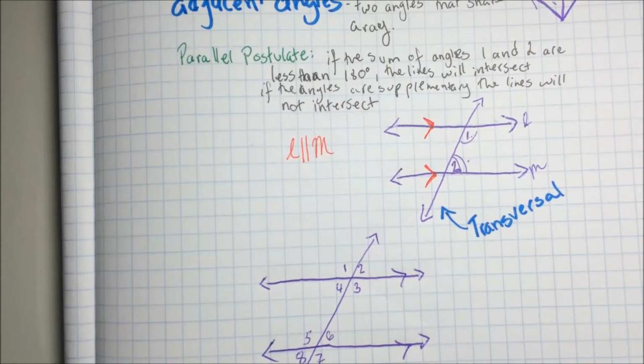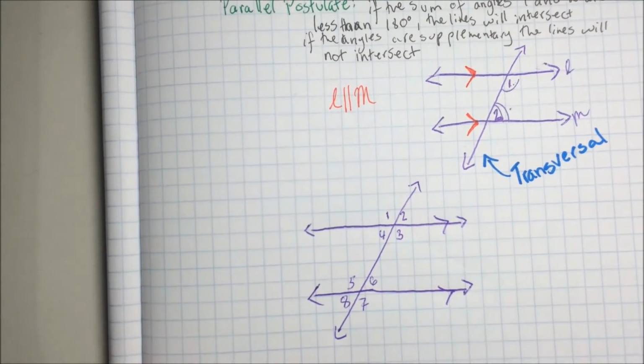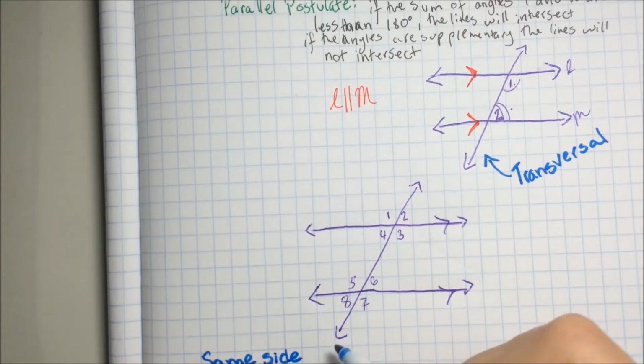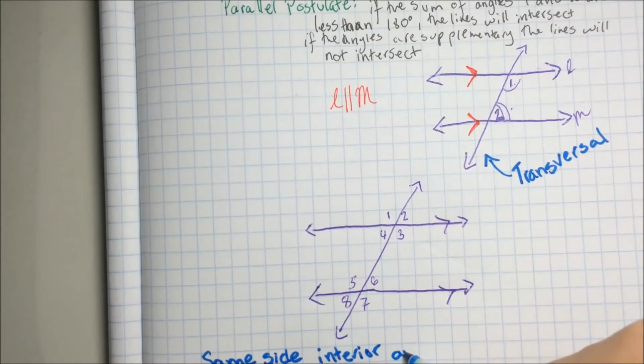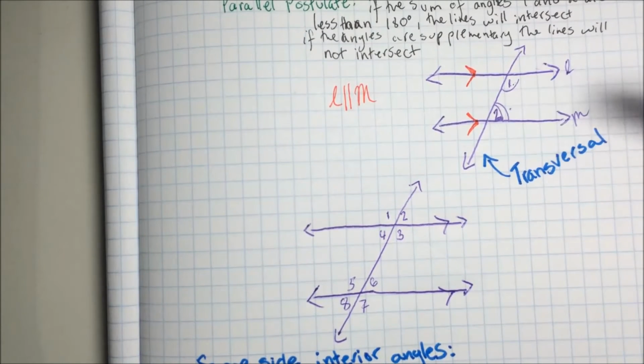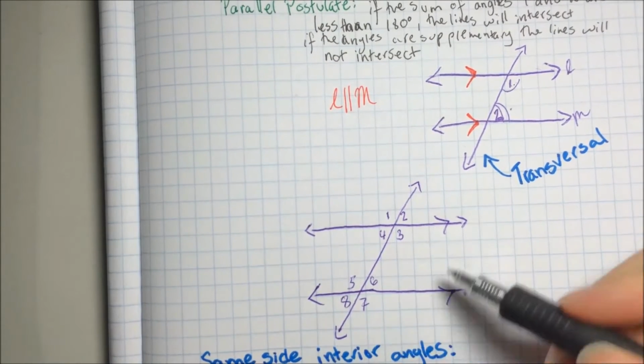Okay, the first angle pair that we'll be talking about are same side interior angles. Okay, so same side interior angles are those angles 1 and 2 from the diagram up here that Euclid was talking about. So same side means they're on the same side of the transversal.